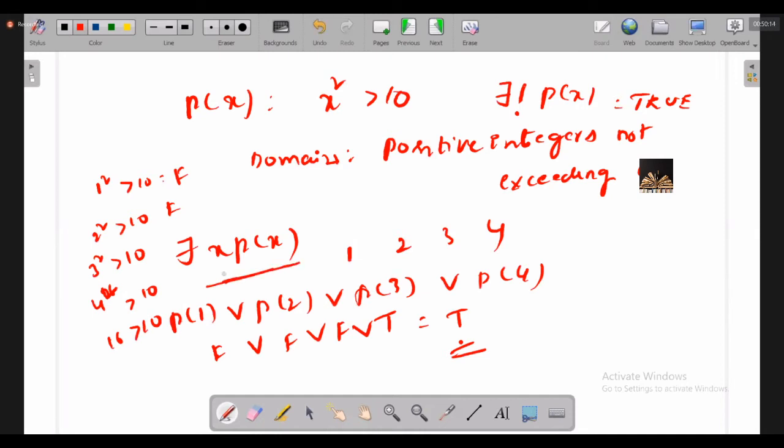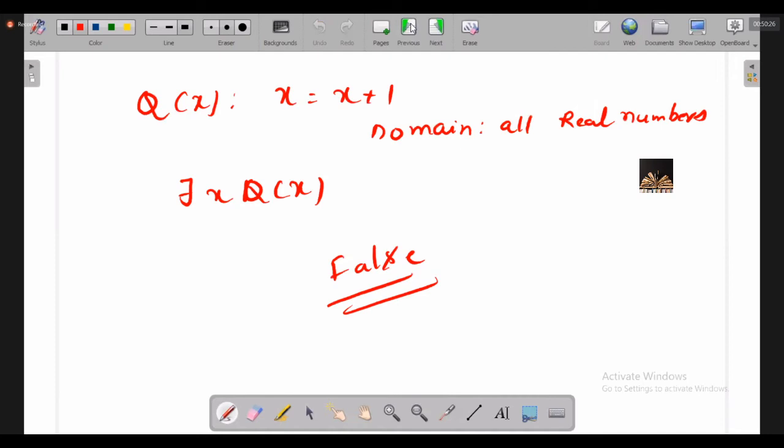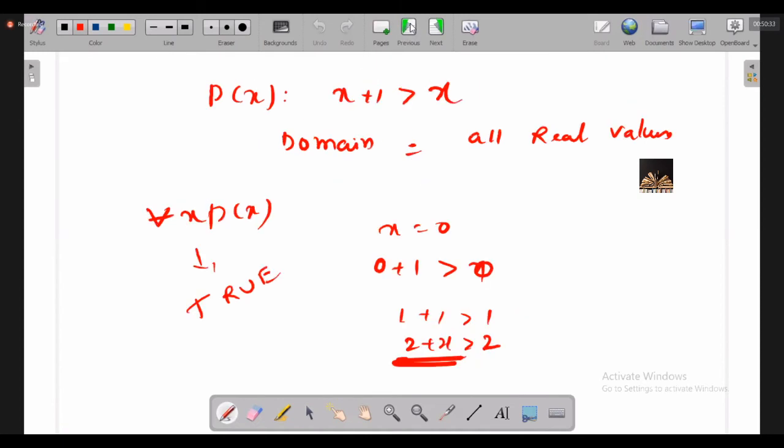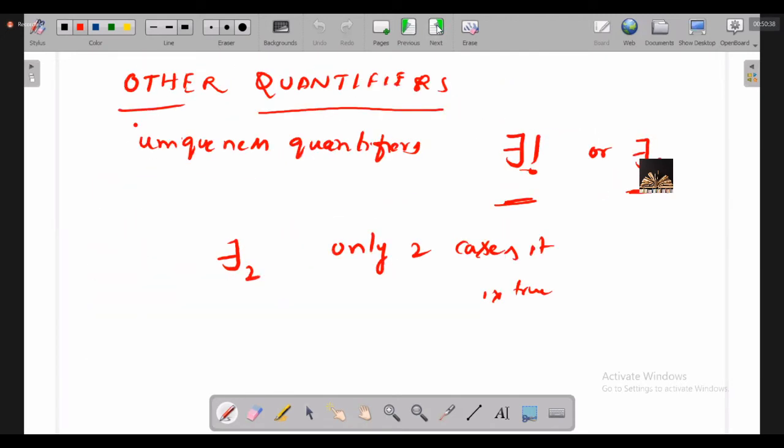There exists x is the quantifier operator, and P of x is the operand. Likewise, for all x P of x.